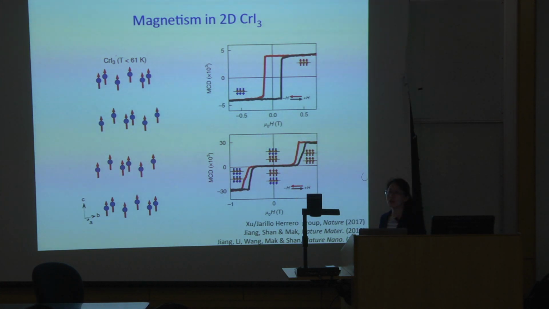And later we learned that it's because in 2 layers, the layers couple antiferromagnetically. So the spins are either like this or like that. So they cancel. So it has a very interesting layer-dependent magnetic order.